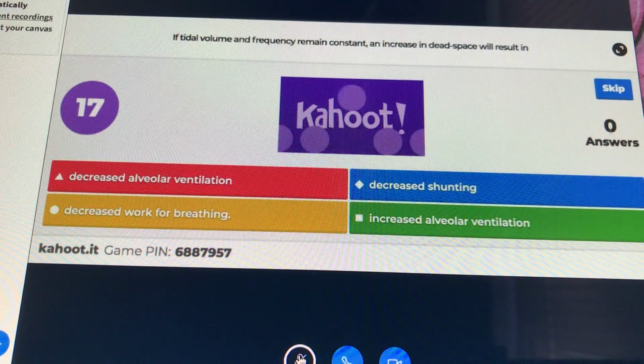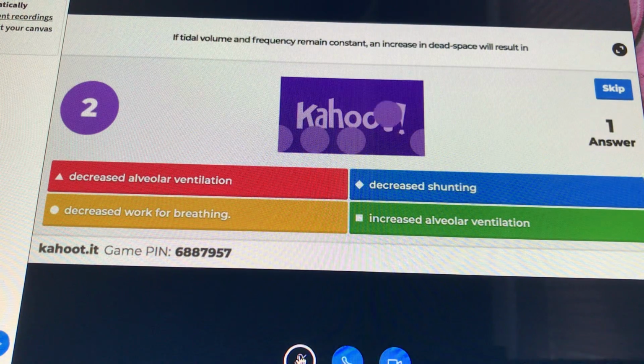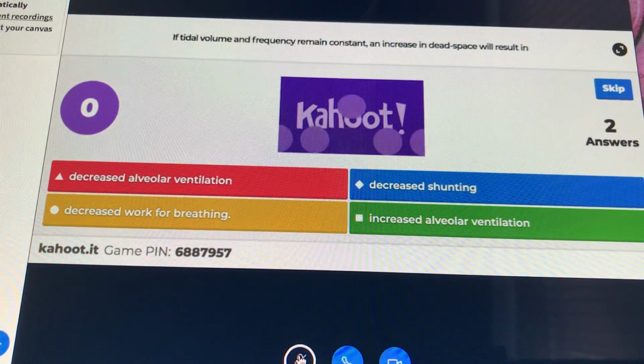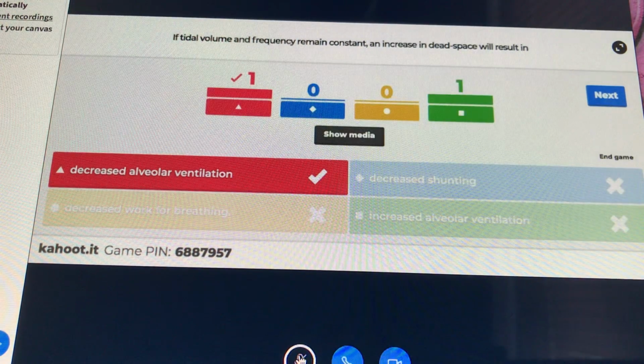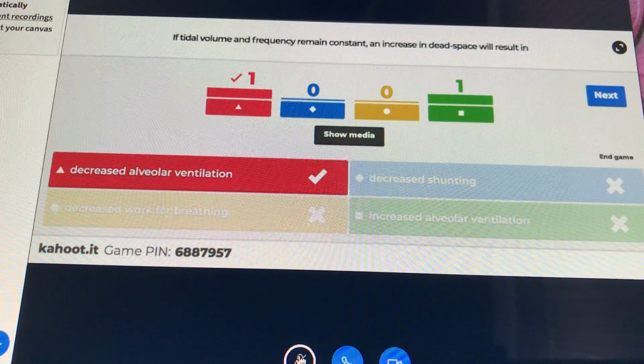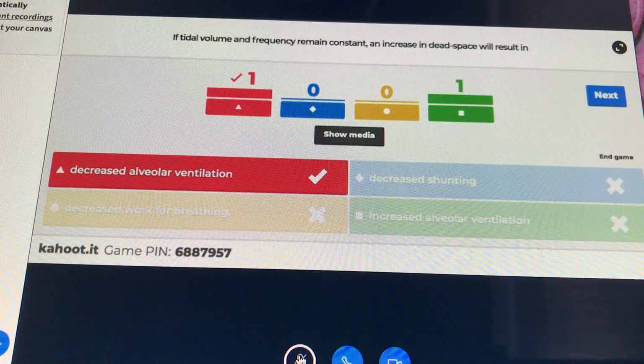If the tidal volume and frequency remain constant, an increase in dead space will result in a decrease in alveolar ventilation. So you first have to remember your formula for alveolar minute ventilation: tidal volume minus dead space times respiratory rate.